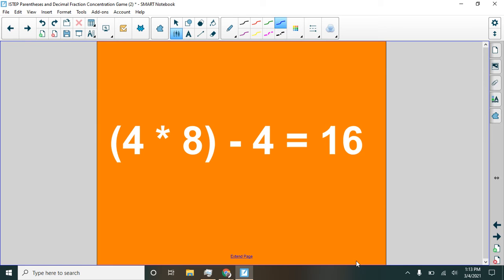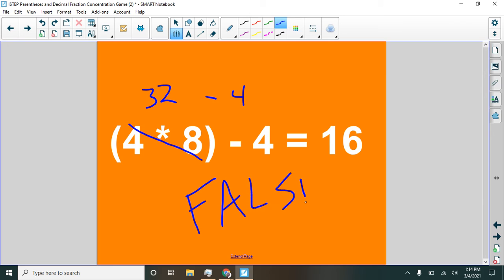Okay, 4 times 8. What is 4 times 8? 32. And so now I have 32 minus 4. Is 32 minus 4 16? It is not. So this one is false. It did not work. Those are not equal. See how this works?